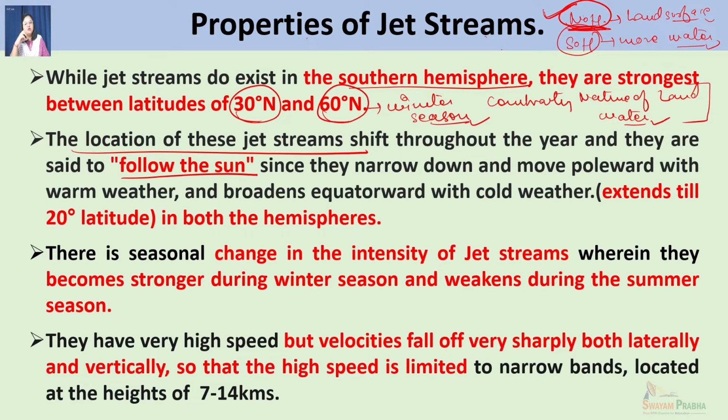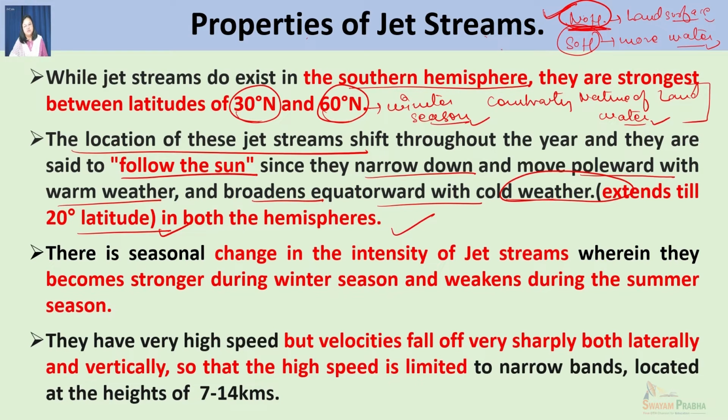And due to more heating of land area during the summer season, they shrink back towards the polar areas. Therefore, they are narrow and move poleward during the warm weather, while they broaden and extend equatorwards during the cold weather conditions. And they may even extend till 20-degree latitude, extending from the polar areas in both the hemispheres during the winter season.